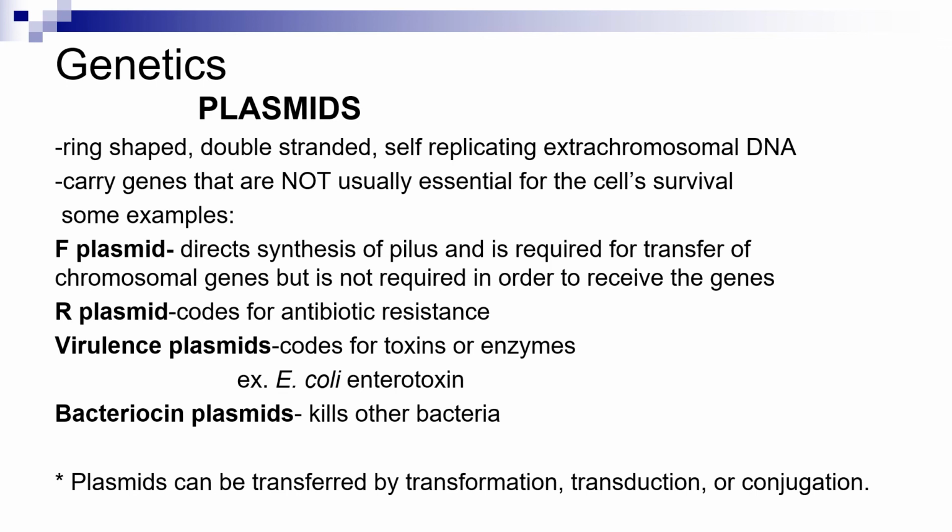And you kind of think, well, why would you want a plasmid to kill other bacteria? But remember that bacteria compete for resources as well. So in certain circumstances it may be advantageous to have your own area and not have to compete with other bacteria for limited resources.